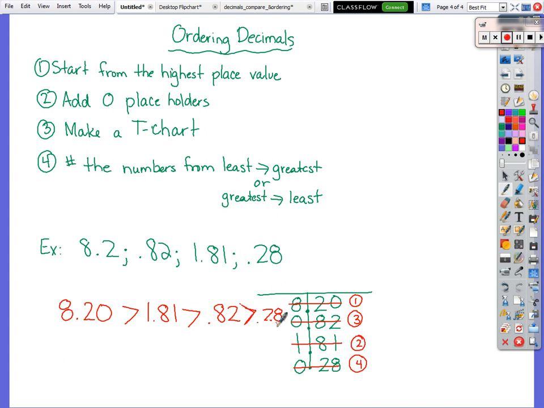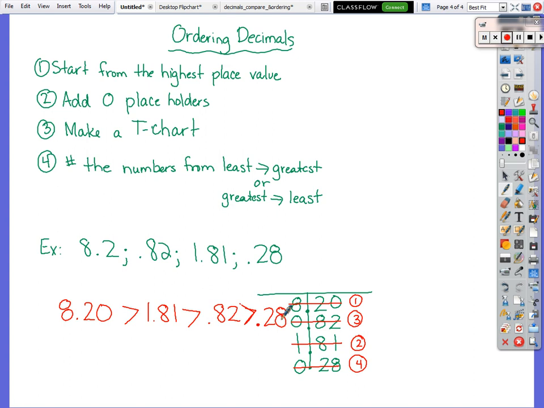Okay, oops. See, my 2 didn't go over all the way, so it looks like it's a decimal. So there's my going in order from greatest to least. So those are your steps. Same thing, making your t-chart.